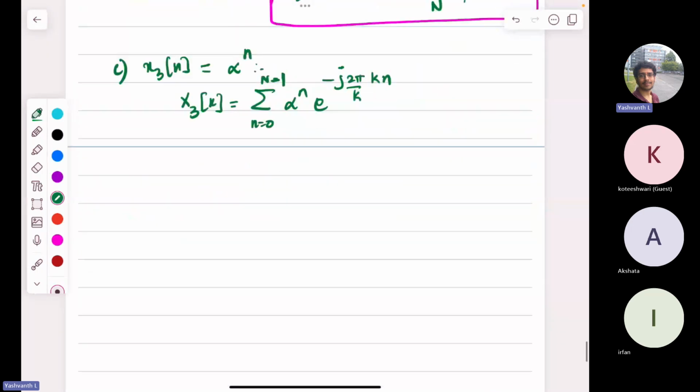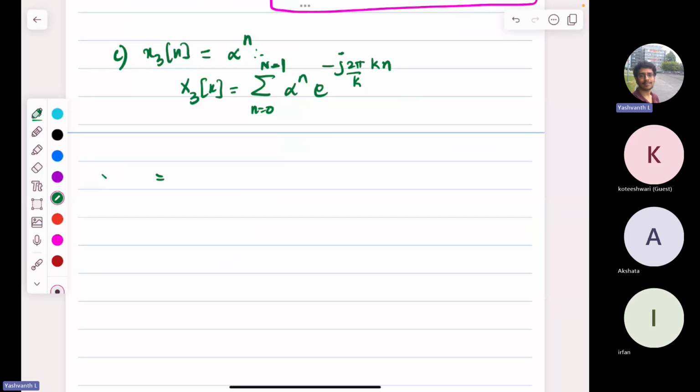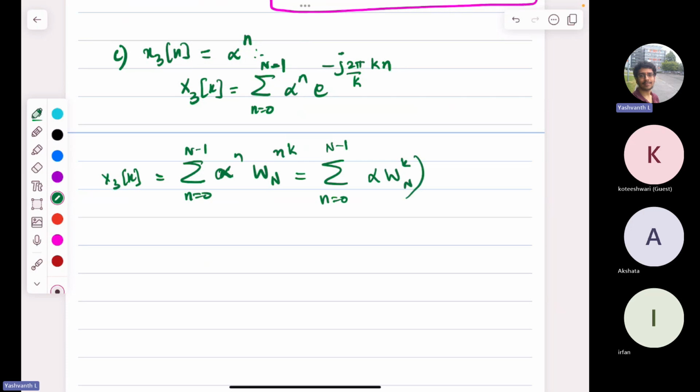So what I'm going to do is I can write the same as x3 of k equal to summation n equal to 0 to N minus 1 of alpha power n into, in terms of the twiddle factor, W_N power nk. This is nothing but summation n equal to 0 to N minus 1 of alpha into W_N power k, whole power n.